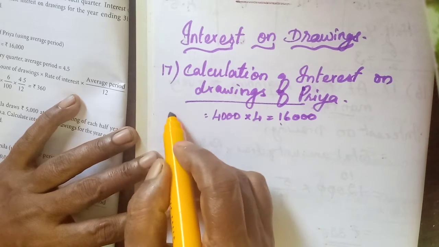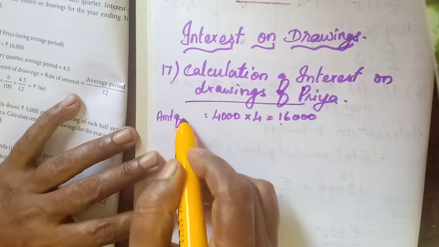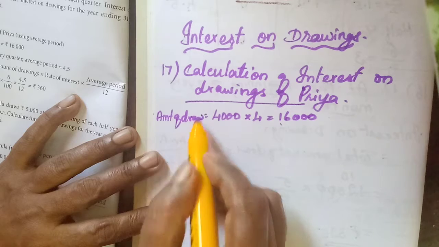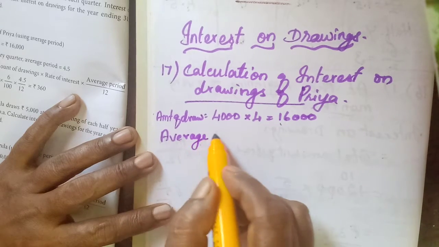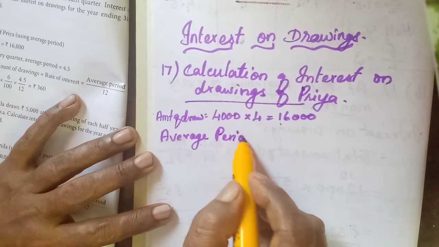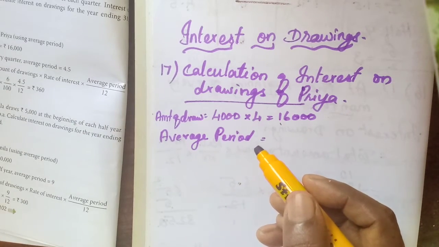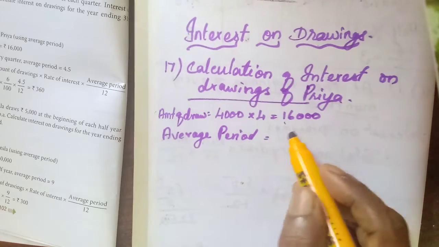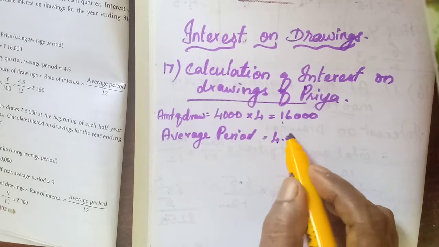Then this one is the total amount of drawings. Then average period. Average period at the end of the quarterly. So we need to deduct 1.5 from 6, isn't it? So 4.5 divided by 12.